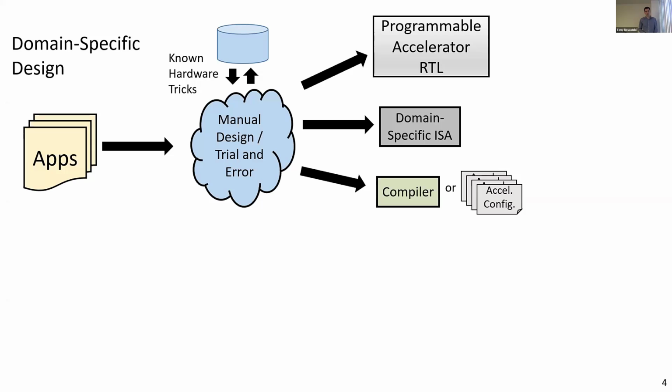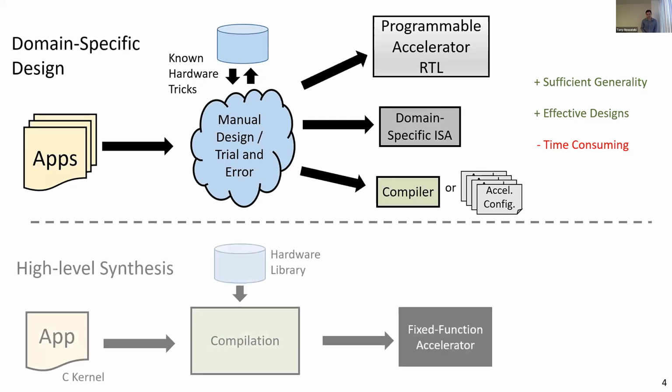Or if they're very advanced, they build a compiler for those. And this works well, and it's very efficient, and you get as much generality as you need, so you know that you can design your accelerator for the applications you care about, but it's very time-consuming. There's not very much that is automated by default.